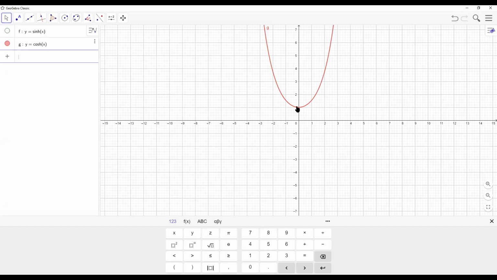And as x gets large, the e to the x dominates. As x gets large negative, e to the minus x will dominate, and so it's going to come up here like that. Just for comparison, there's the hyperbolic sine. So you can see actually, as they both get large, they almost turn into the same thing.